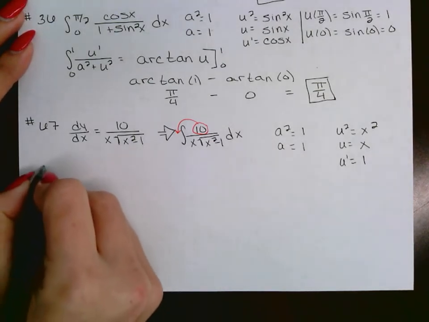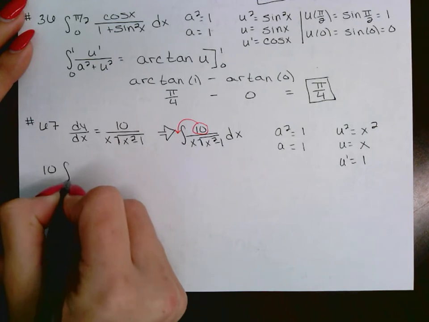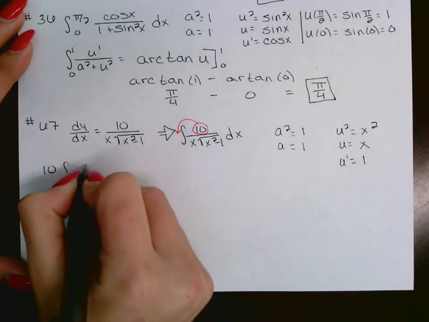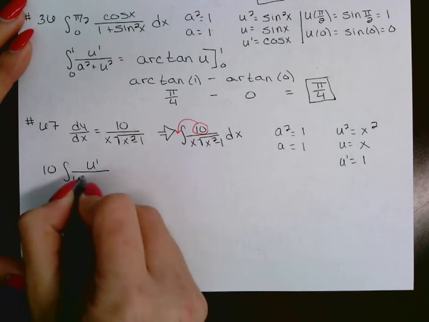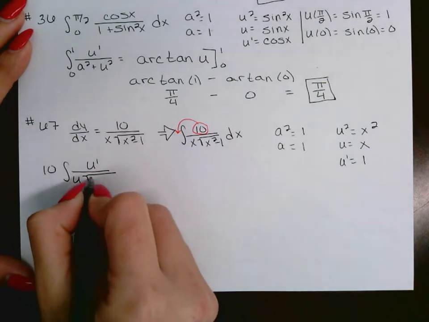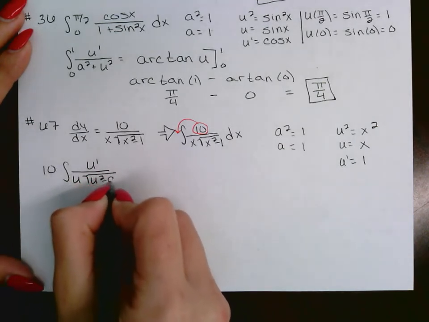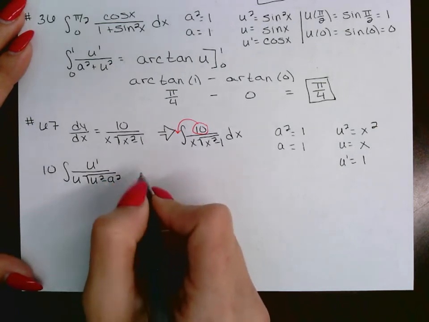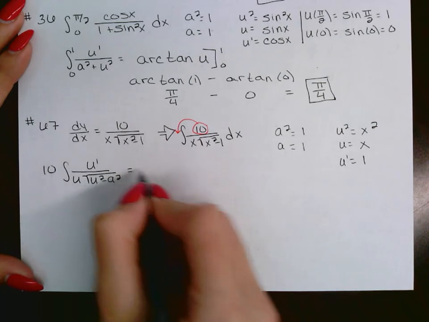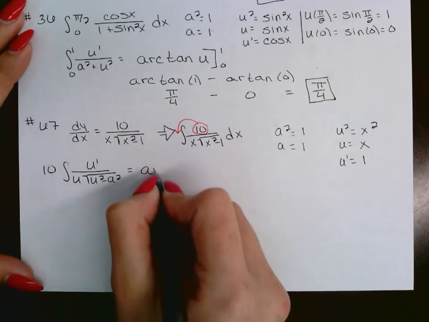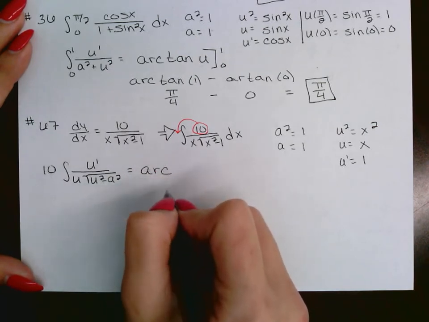So I'm allowed to rewrite this as 10 times the integral of u prime over u times the square root of u squared minus a squared. And again, hopefully this makes life a little easier now. You can clearly see that it is an arc secant.